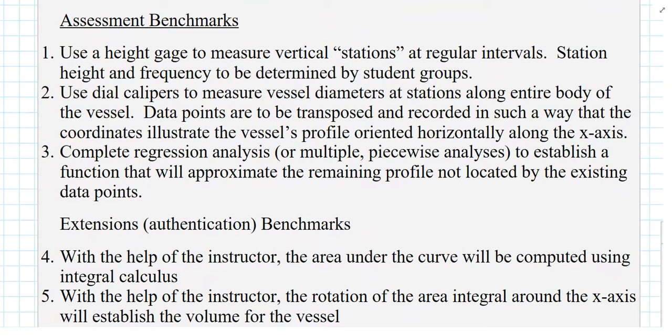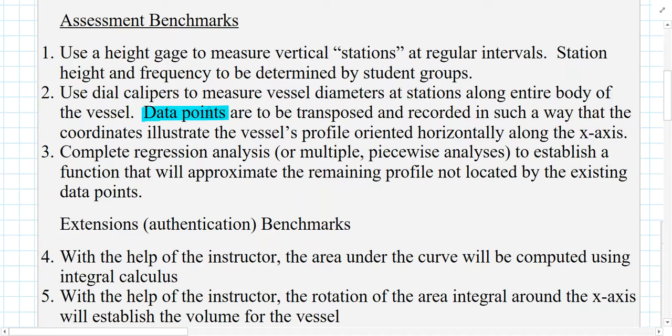Instructions were given to students the week prior to this activity, and they were told that they would use the height gauge to measure vertical stations at regular intervals. The station just establishes regular height intervals so that we can measure the diameter at those specific locations using the dial calipers.